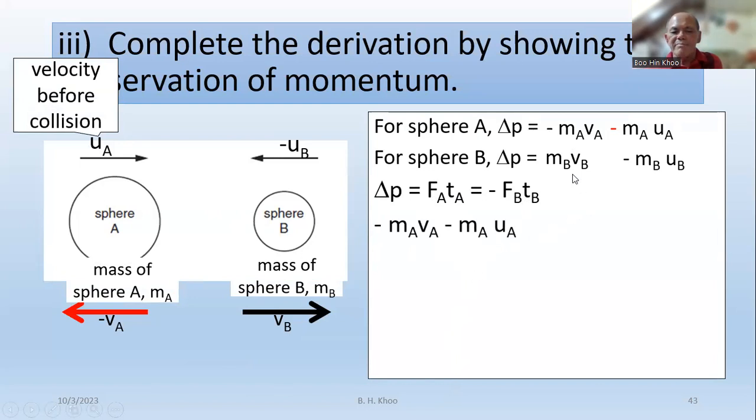Okay, so change in momentum is this one, and change in momentum for that one there. Take the negative sign out, one negative there. Negative, take it across there, becomes positive. Yeah, drag all the initial to one side.